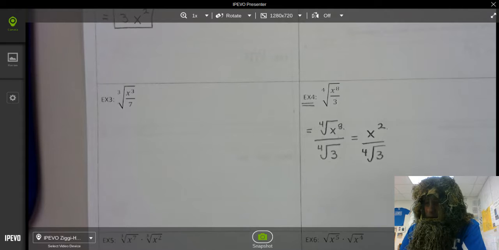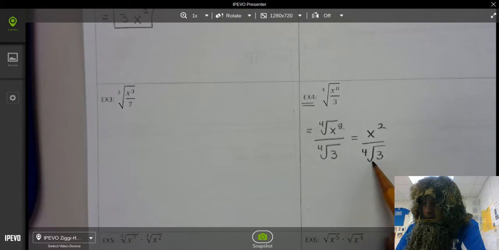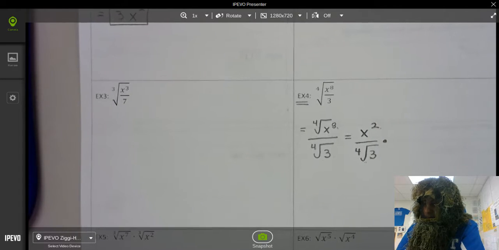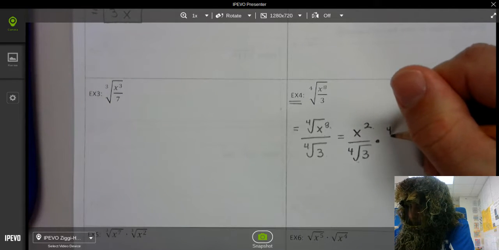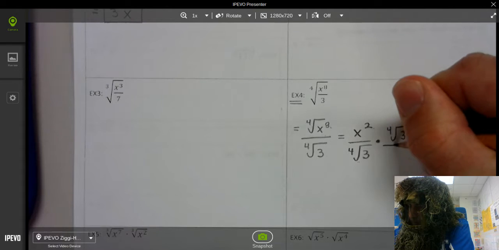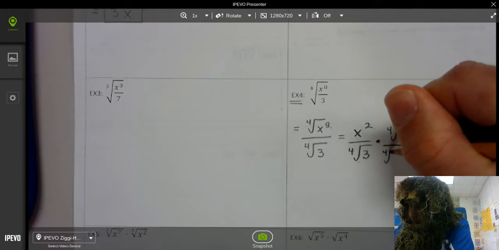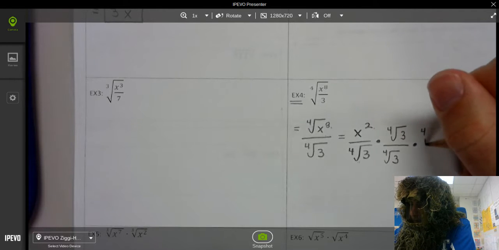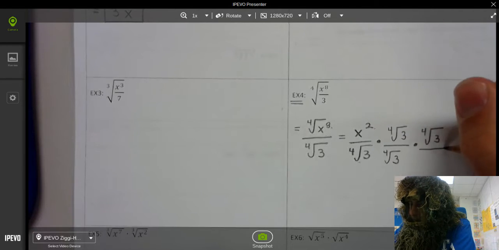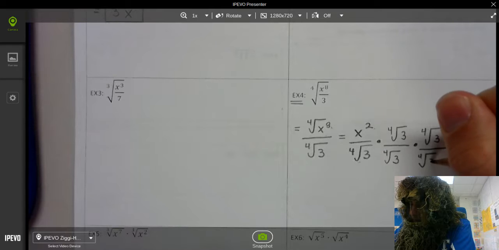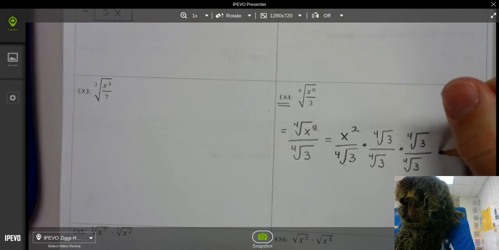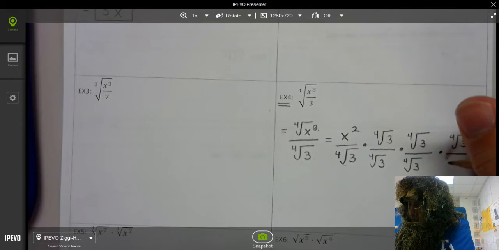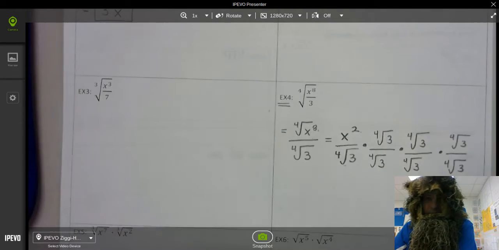But when you're simplifying, you can't have a radical in the denominator. So what we need to do is multiply. Let me get a ruler to straighten that out a little bit.